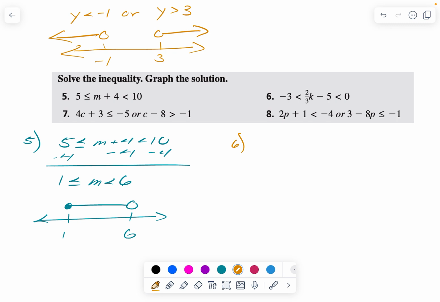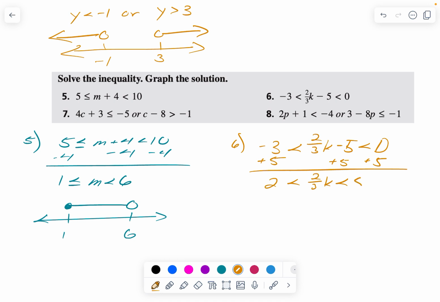Number 6. Oh my goodness, I can't write. We're going to add 5 to all parts. 2 less than 2/3 k less than 5. Now we're going to multiply each part times 3/2.